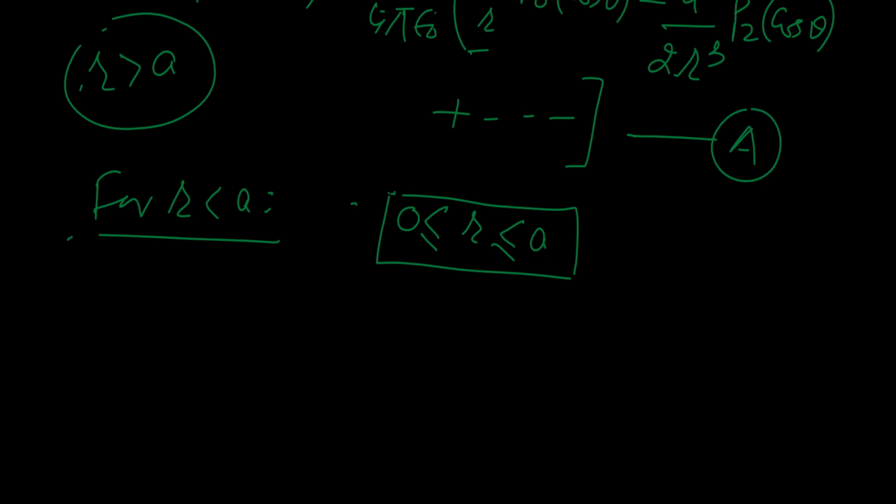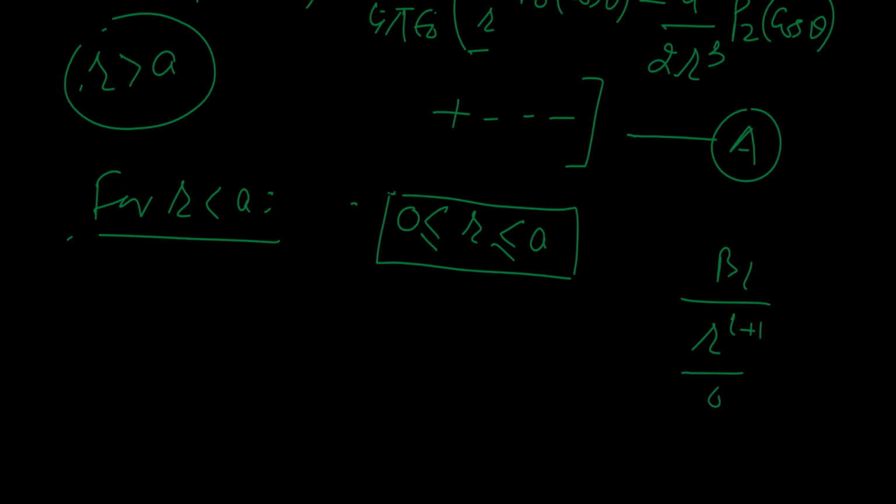When you put the value of r equal to 0 in the general solution as I have stated above, you will find that when r equal to 0, then potential should be finite. But the second term, containing BL over r to the power L plus 1, if in this term we put r equal to 0, what will be the result?